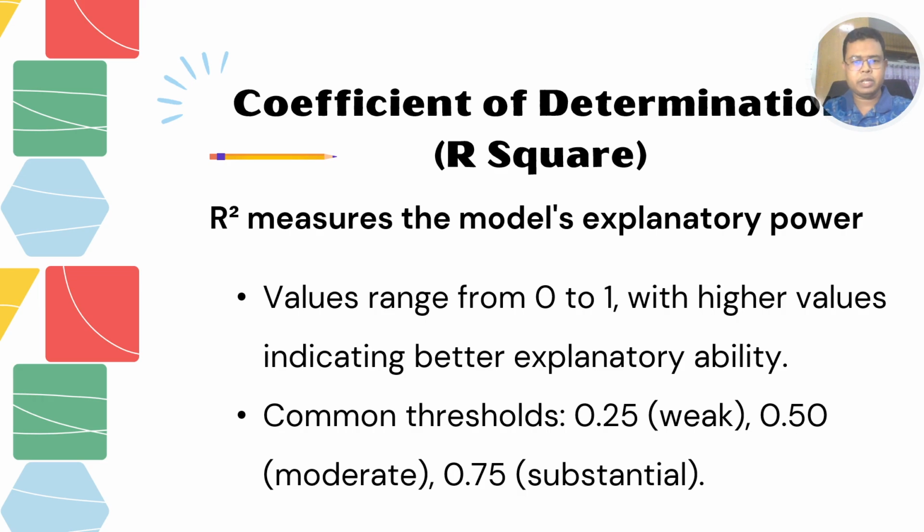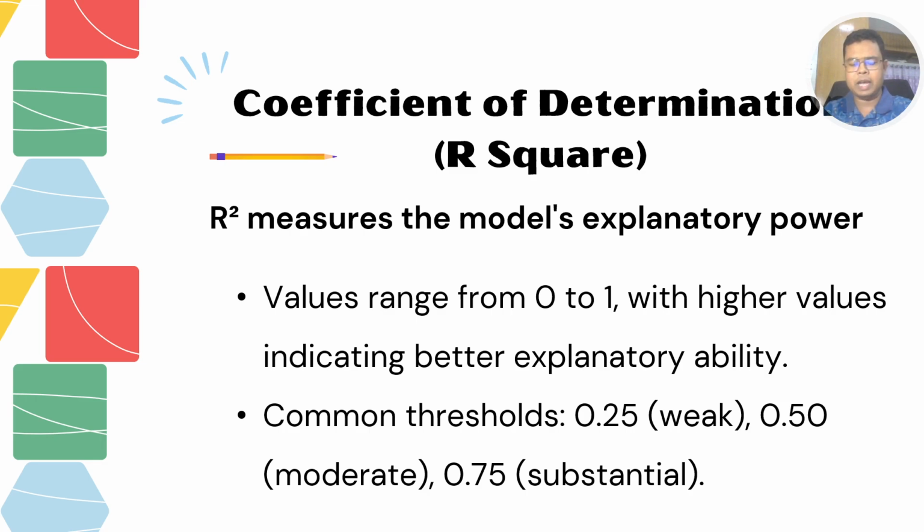Coefficient of determination is basically expressed by the R square. R square measures the model's explanatory power. R square value is basically from 0 to 1. When the value is close to 0, the explanatory power is quite low, but higher values, close to 1, indicate better explanatory ability, right? So what is the threshold value?